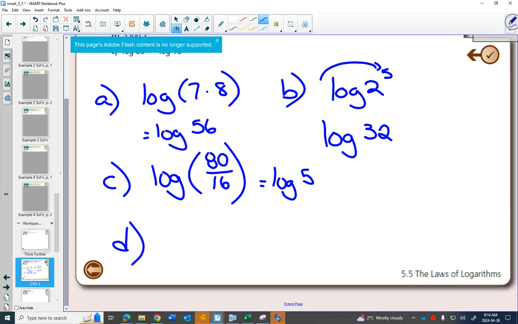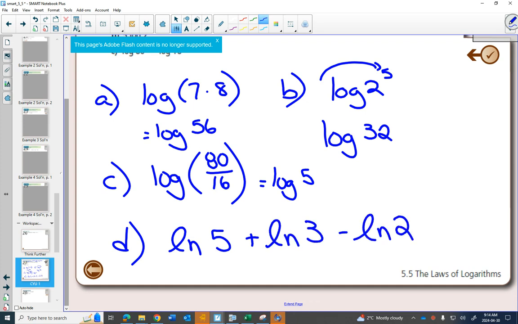I'm going to add a part D. I'm going to add three things, and I'm going to reintroduce you to the natural log, because once you get to calculus, you will use almost exclusively natural logarithms rather than logarithms.